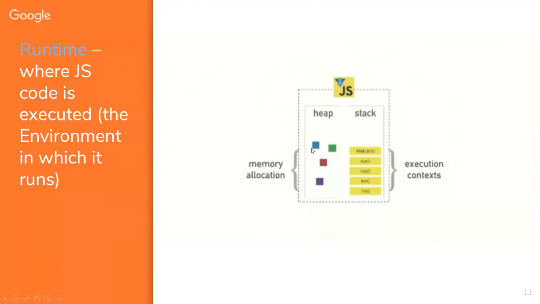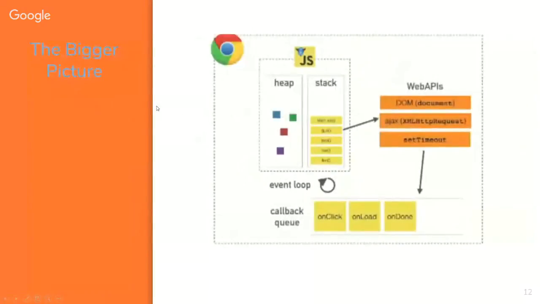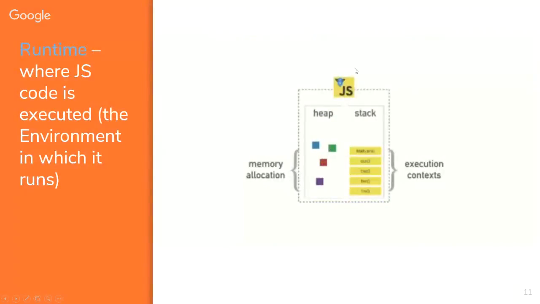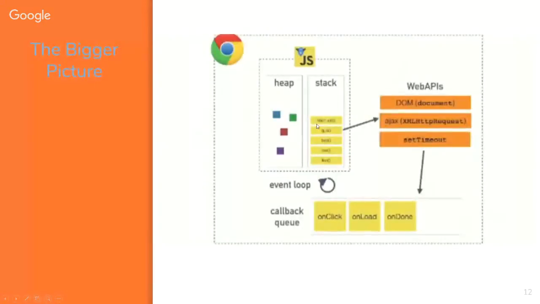Okay, so this is really the bigger picture. Notice how in the previous slide we have just this small part, the JavaScript runtime in the browser, the V8 engine, and here we have two or even three extra features: the web APIs, the event loop, which we'll study, and the callback queue.